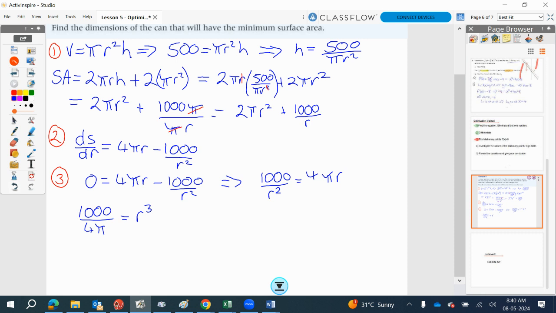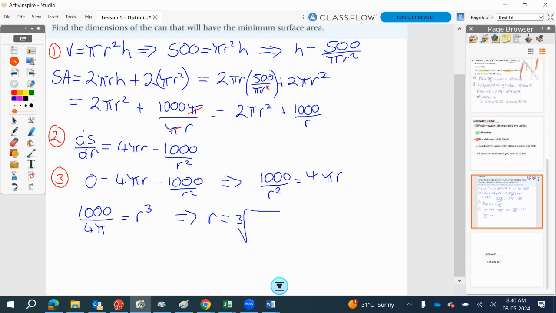It will be fine to use that solve. No, I've rearranged. So this tells me that r is equal to the cube root of, well, 1,000 divided by 4.